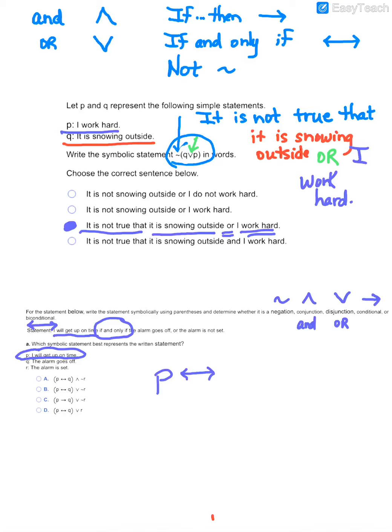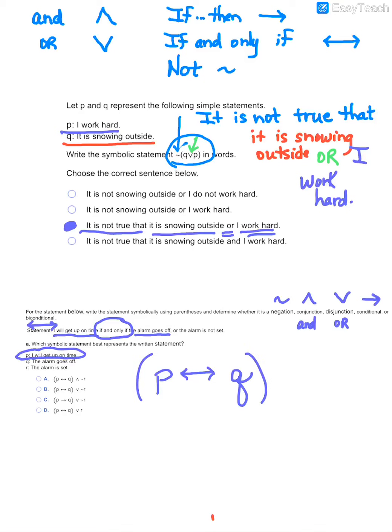And then we have the alarm goes off. If I look here, Q represents the alarm goes off. And then you're going to notice we have a comma. Anytime we have a comma, that signifies things being grouped together. So since there were two things in front of the comma, those are the things being grouped together.